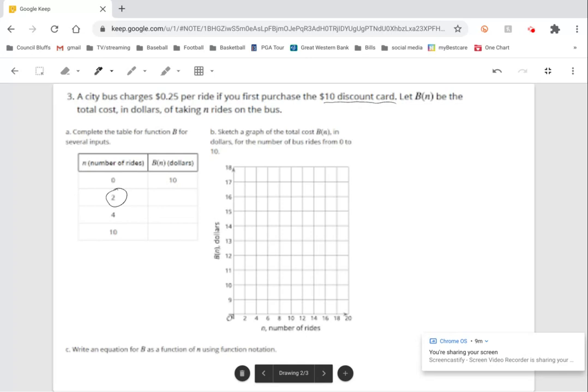So you've paid an extra 50 cents. 25 cents times 2 is 50 cents. So in total, after 2 rides, you've paid $10.50. The $10 for the initial cost of the card plus 25 cents times 2.